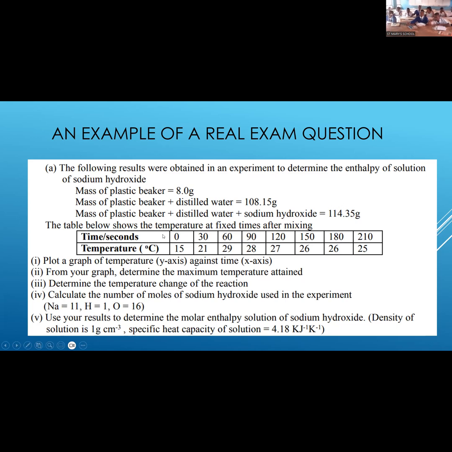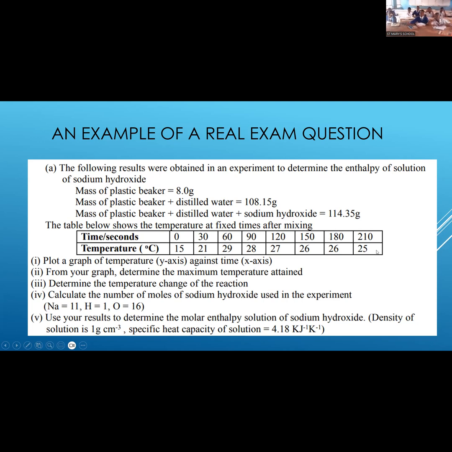Okay, so start by plotting a graph, and what I'd like is everybody to have a go at this question. Now, if you know about extrapolation, you will need it, but if you don't worry, I will show you it.